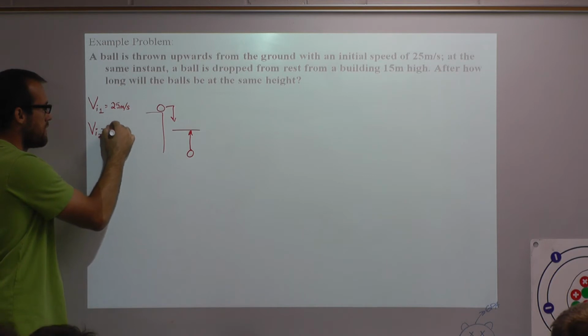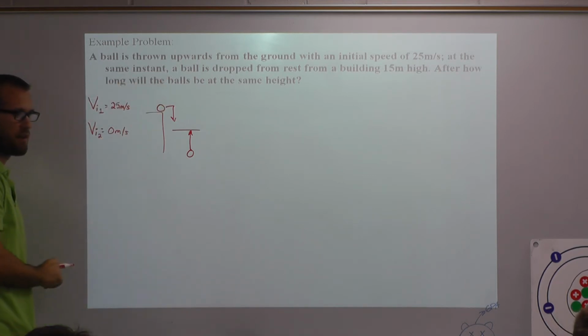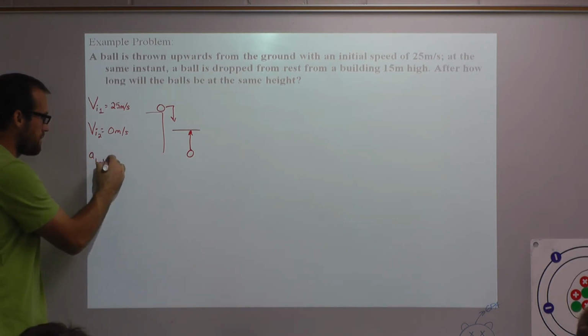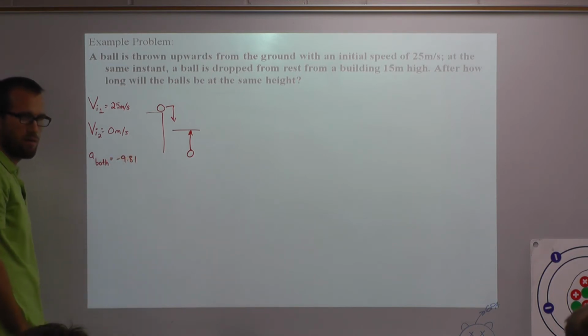Acceleration is negative 9.81 for both, because as soon as the ball goes up and as soon as the ball goes down, the only thing acting on it is gravity.